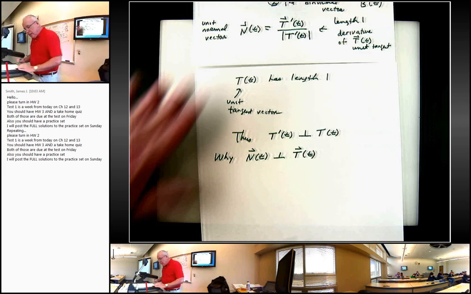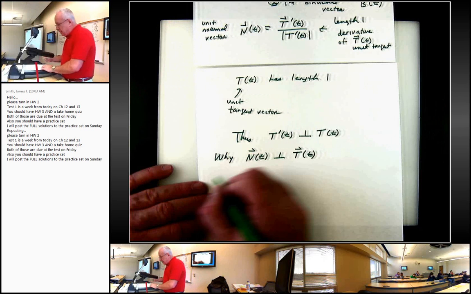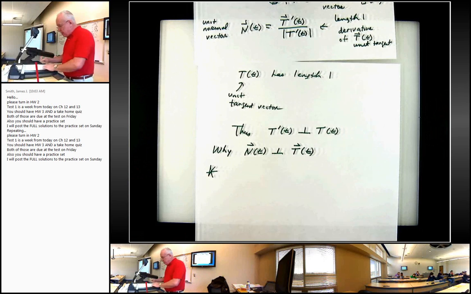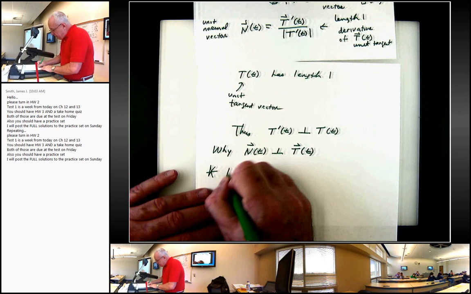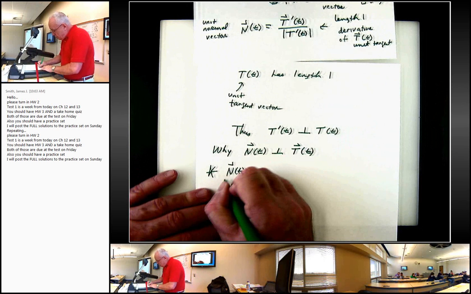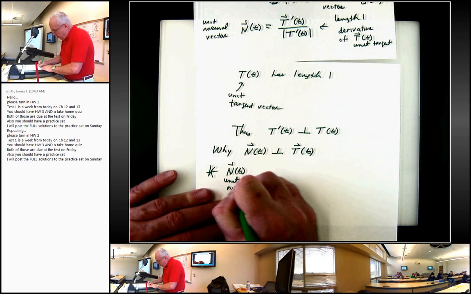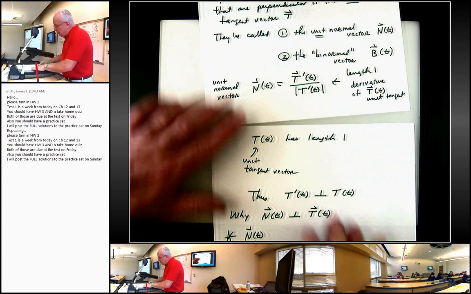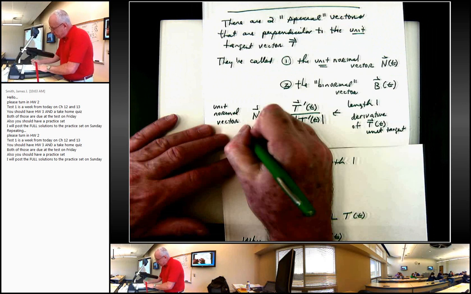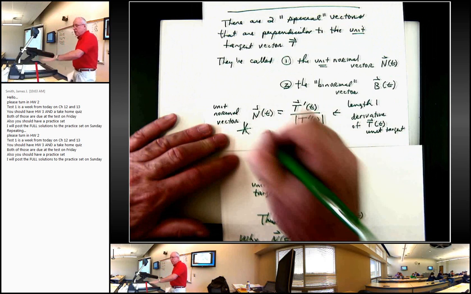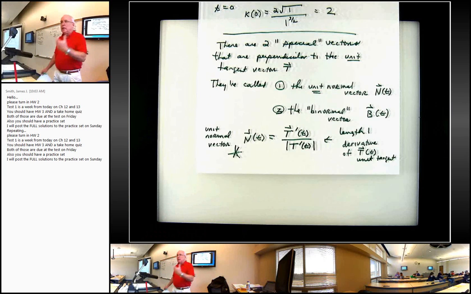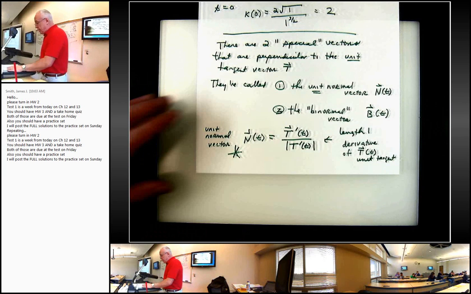All right. Now, while we're talking about asterisks here, the definition of the unit normal is something you need to at least passively be able to recognize.